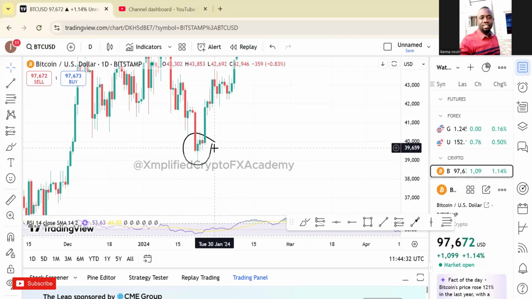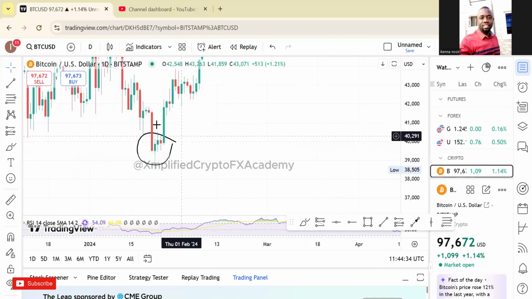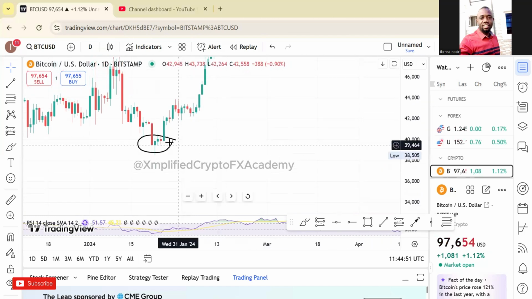So that was a bullish sign. If you're a patient trader going long for a long period of time, this is a very clear entry opportunity for you to go long on Bitcoin.